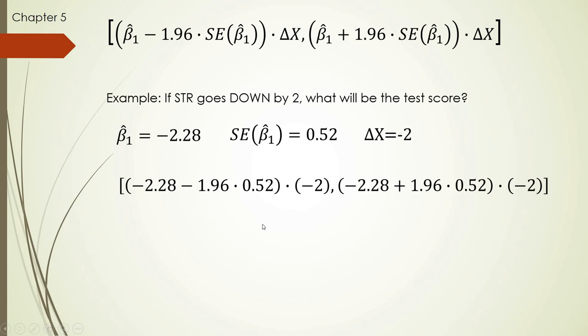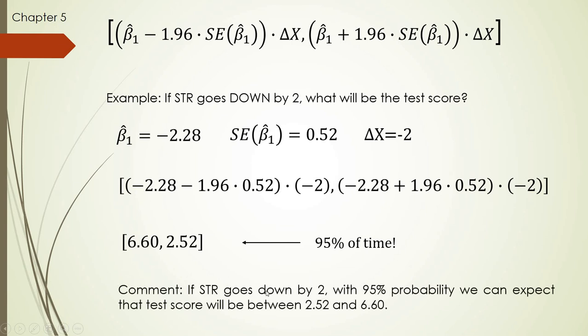When you put everything in the equation, this is the lower limit, here, and this is the upper limit, here. And the result is 6.6 and 2.50. So 95% of the time we can expect, if we reduce the student-teacher ratio by 2, that changes in test scores will be inside the interval of 6.6 to 2.52 test points.